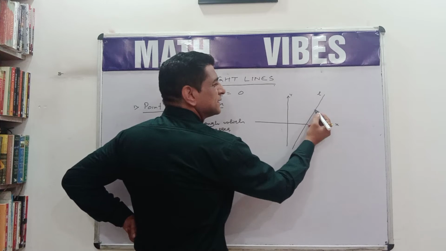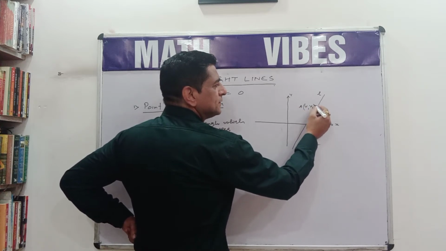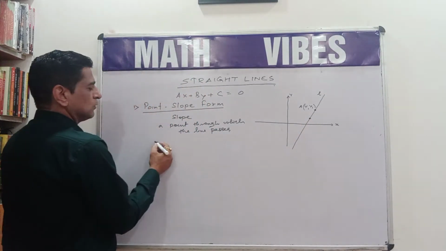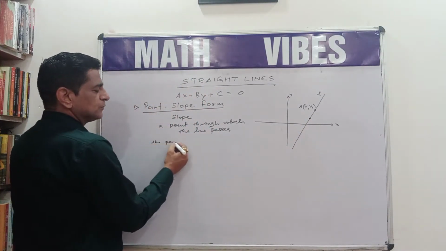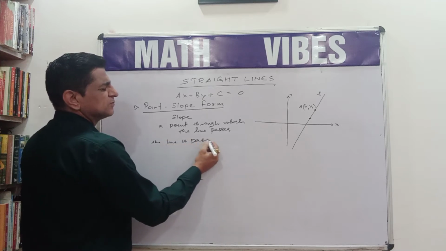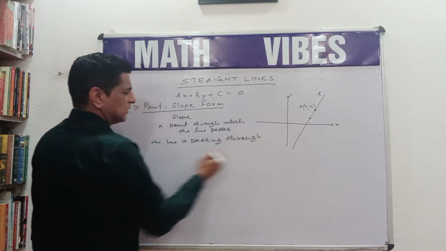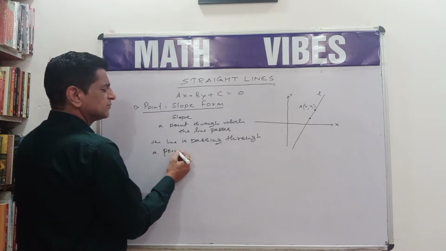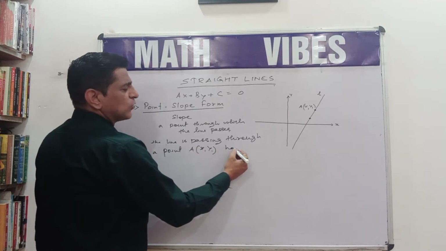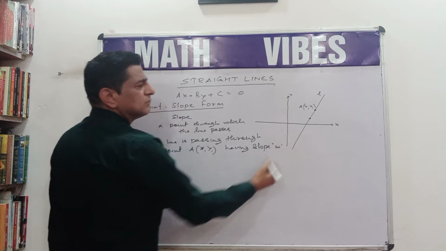A is a point with coordinates x1, y1. So the line is passing through a point A (x1, y1) having slope m.